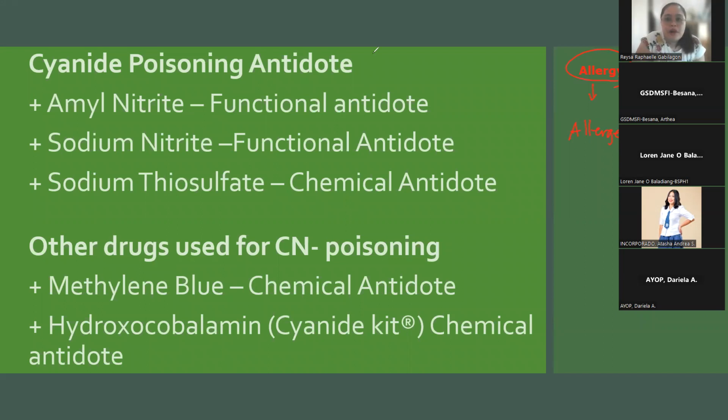So, example, sa itlog, we have class, I forgot the name of the protein. I think it's the ovomucoid, but it's the one that causes allergy. It's a protein substance present in the egg na nagkakos again ng allergy. Ako, allergic rhinitis sa akin, so I have inhalational allergen.